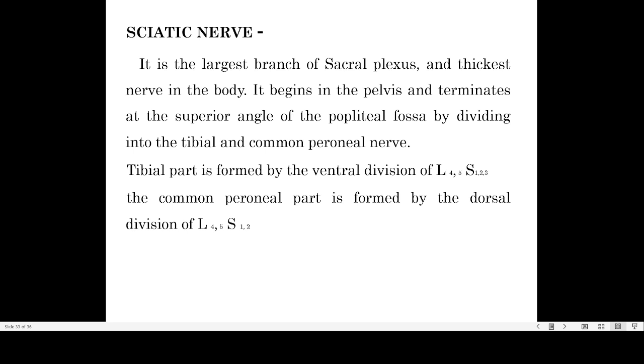The common peroneal part is formed by the dorsal division of L4, L5, S1, S2. So we remember the ventral division and dorsal division. The ventral division is the tibial component, the dorsal division is the common peroneal nerve portion. So these are the two important nerves in the posterior component of the lower limb.